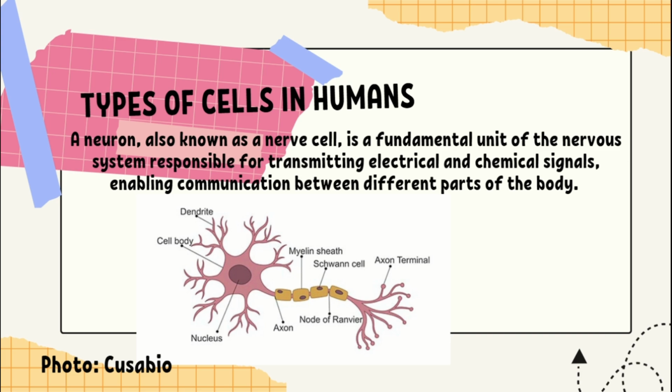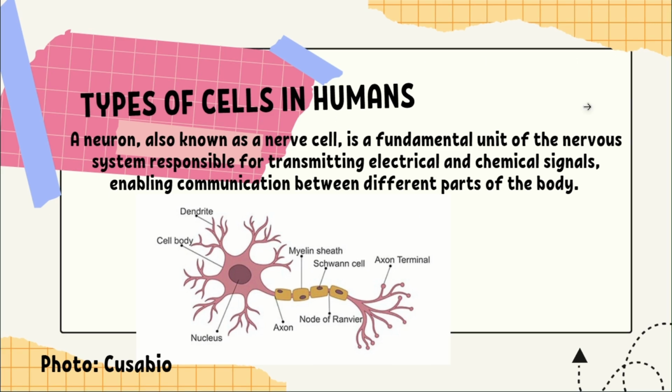It is a part of the nervous system, and it's used to transmit electrical and chemical signals, right? Knowing how nerve cells work will be very beneficial and very important, how they operate and how they function, right?